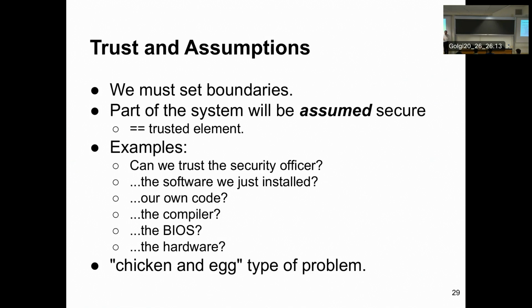In any system, you have a set of trusted elements. So elements on which you decide that nothing bad is going to happen. Which ones is up to you, ultimately. So do you trust, for instance, the software you installed? I mean, you downloaded a string of bytes which is now running on your PC or smartphone. Do you trust it?